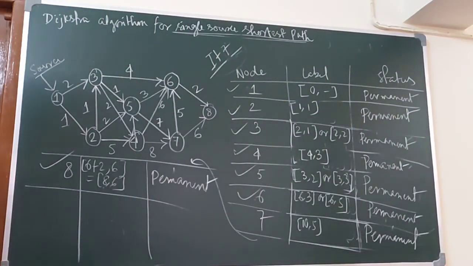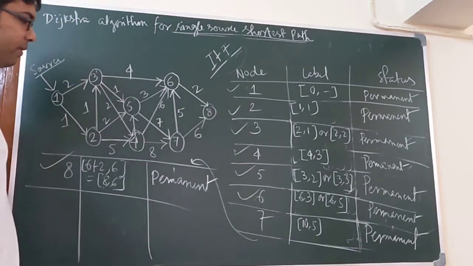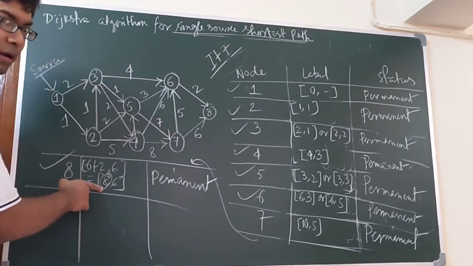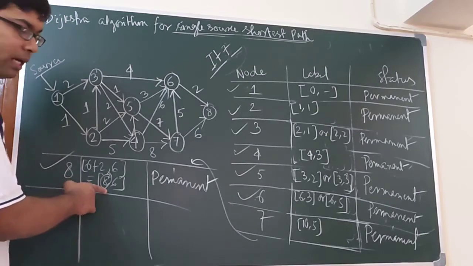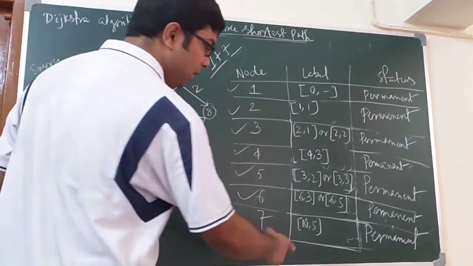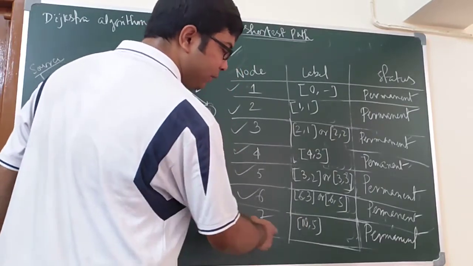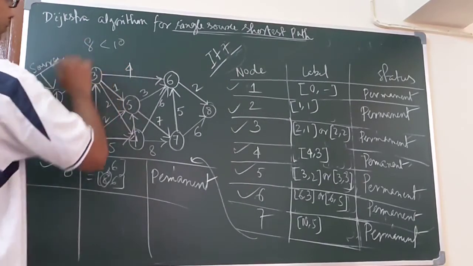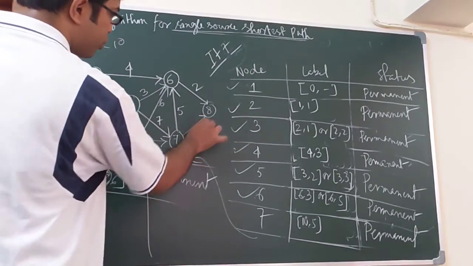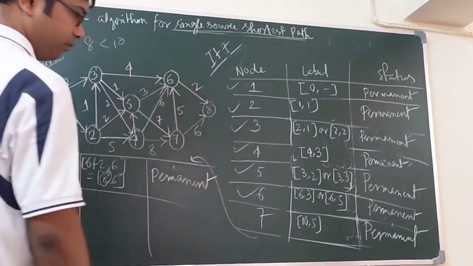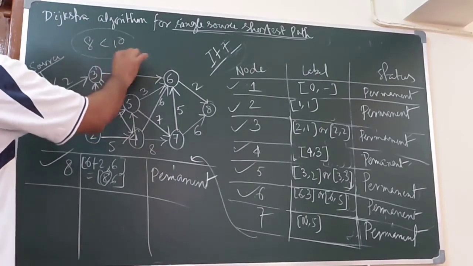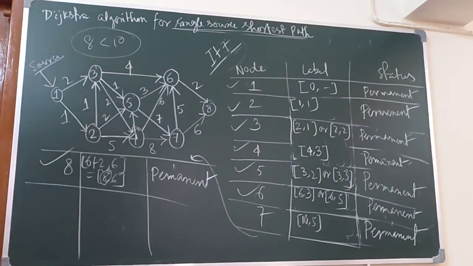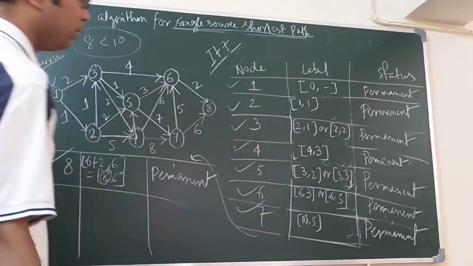Look carefully, there is another path 7, 8, but as the level value of the 8th node is 8, which is less than the level value of the 7th node, that is 10, and the cost from 7 to 8 is positive, we can easily discard this 7, 8 weight. So this is the complete scenario.